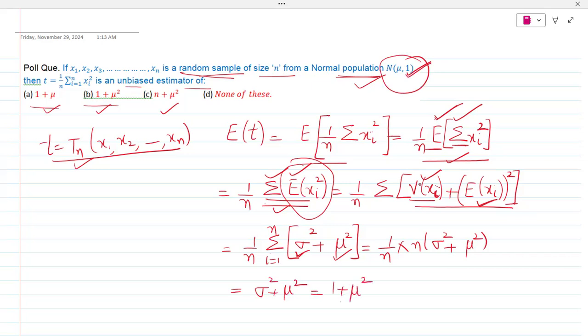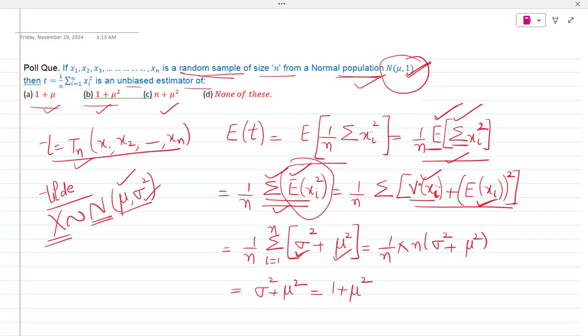Okay, so if we are saying that our population X follows this, tilde, this symbol, that the population follows the normal distribution, then the distribution has the parameters mu and sigma square. So what is mu? The population mean. And what is sigma square? It is the population variance.